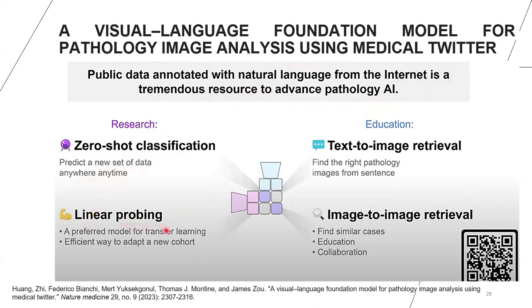They also support linear probing while keeping the embedding frozen and taking the output from the linear layer. It is a preferred model for transfer learning, an effective way to adapt to new data. So what they say is that if you want to use the model, you can freeze the embedding layer and just use linear probing to classify, because it is already trained on a large amount of data.